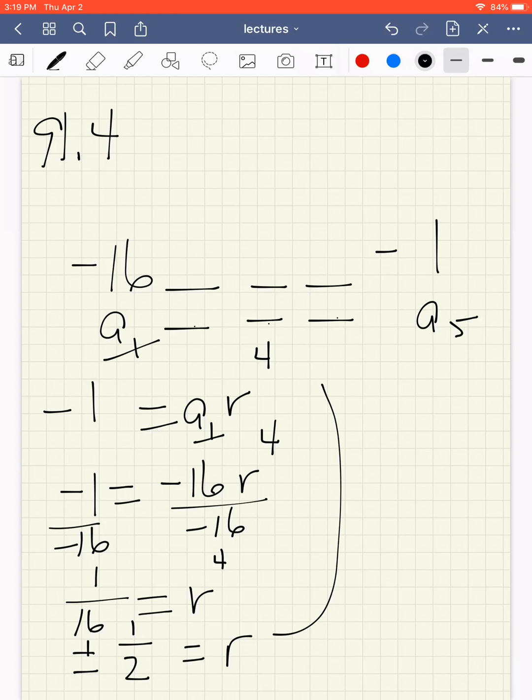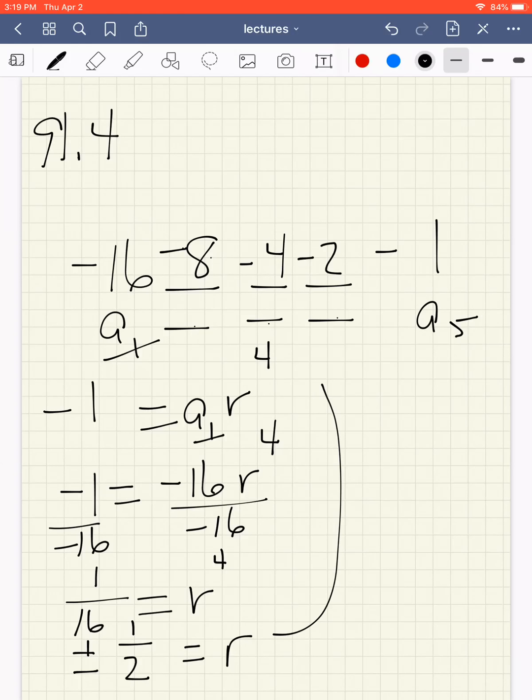So I start by saying, I'll use the positive first. So -16 times +1/2 is -8. -8 times +1/2 is -4. -4 times +1/2 is -2. And -2 times +1/2 is -1.